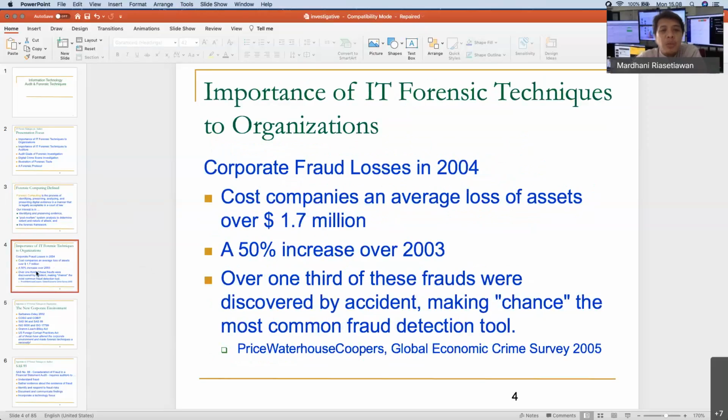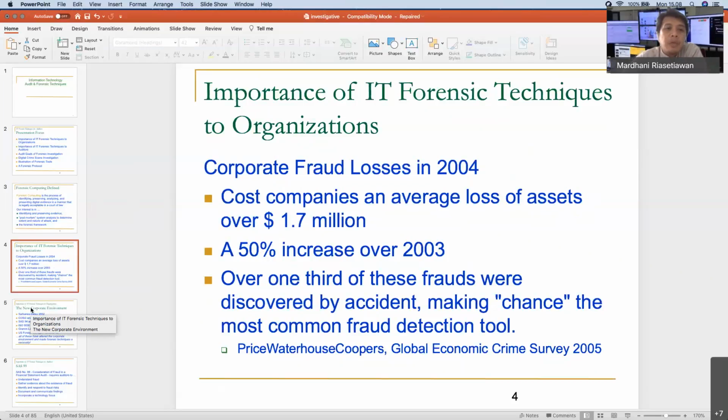We can clarify what actually happened in the transaction: whether it is pure fraud, or maybe just something not based on their SOP. So there are many other forensic cases.